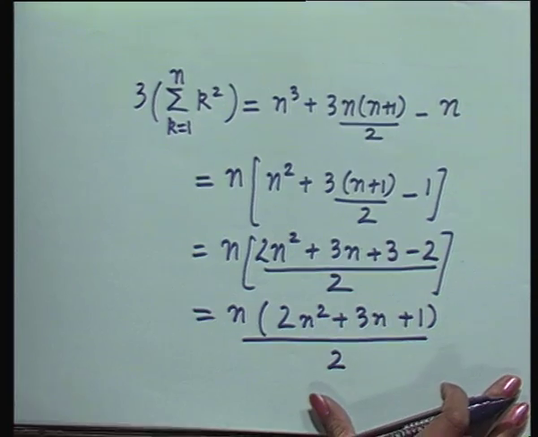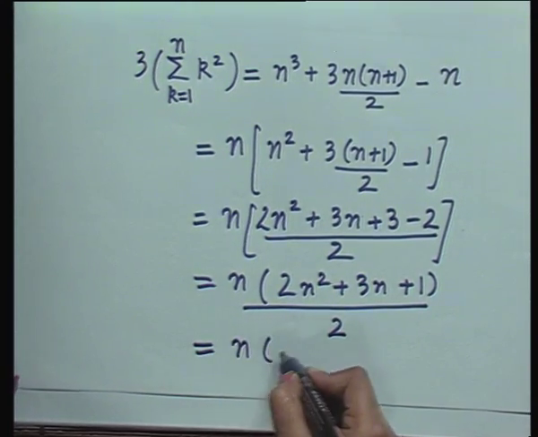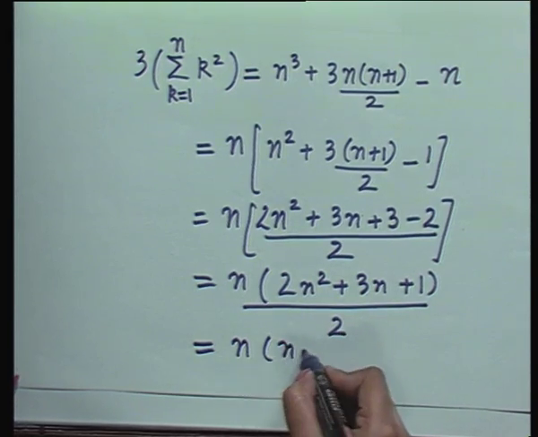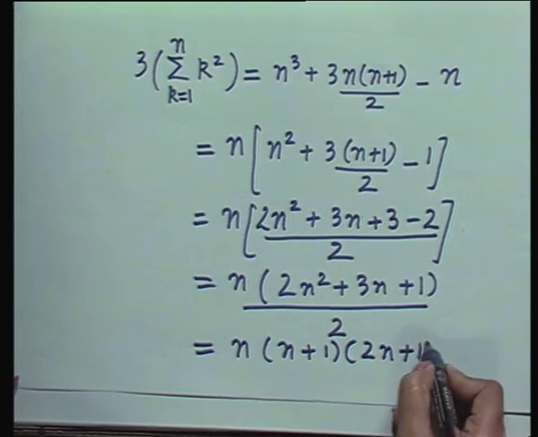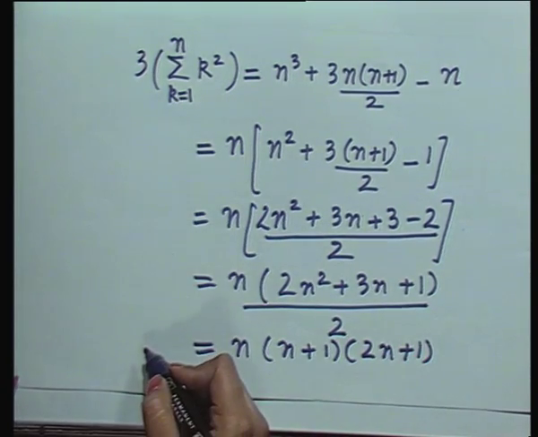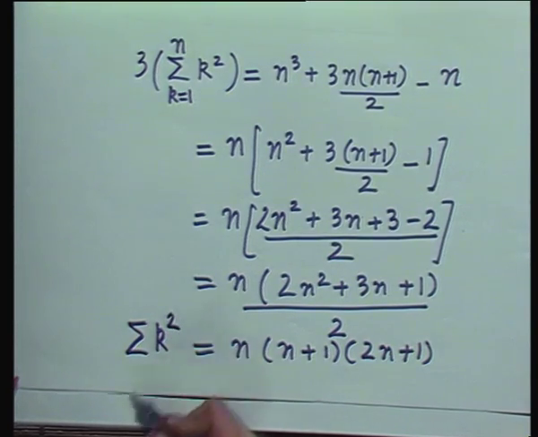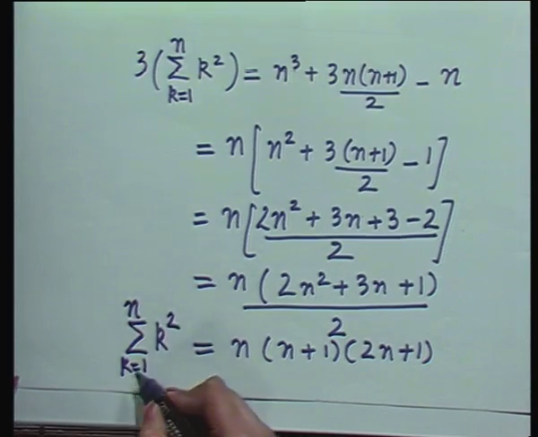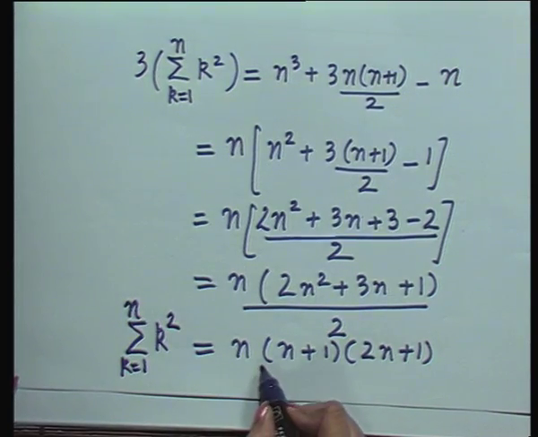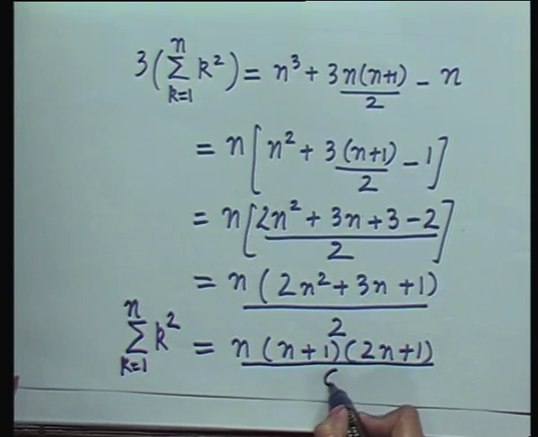The numerator here can be easily factorized to n into n plus 1 into 2n plus 1. And so I can go back to sigma k square and free it from 3, and therefore we have our result proved. Sigma k square from k varying from 1 to n is equal to n into n plus 1 into 2n plus 1 by 3 into 2, which gives us 6.